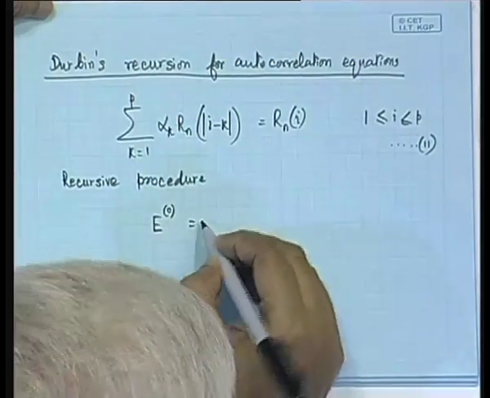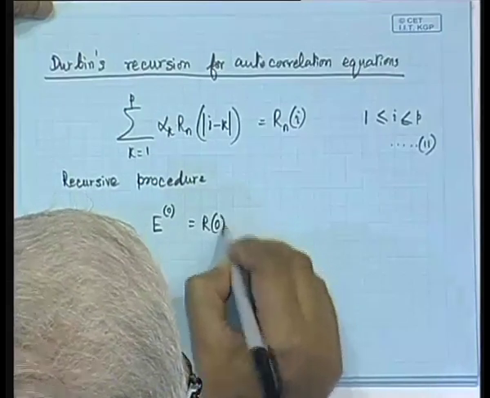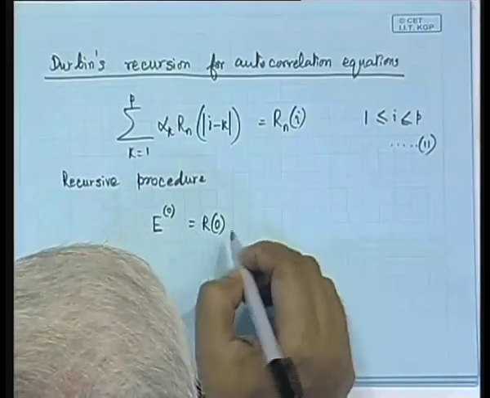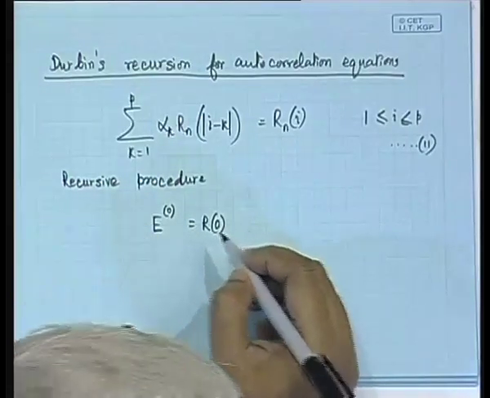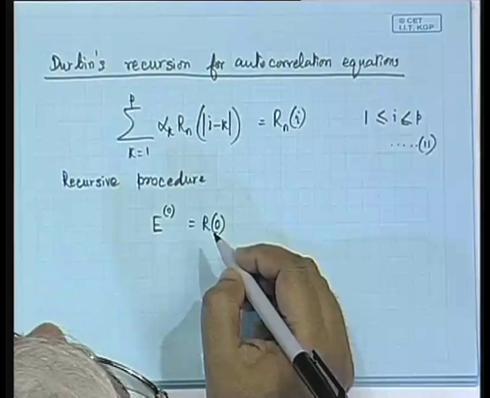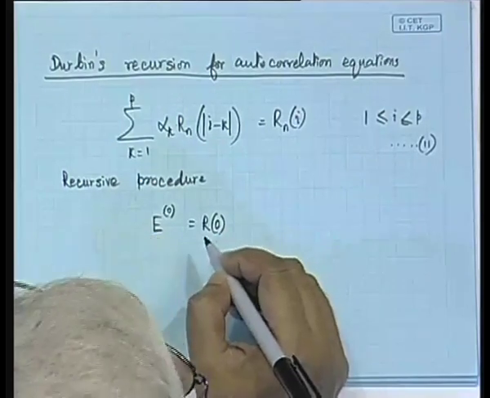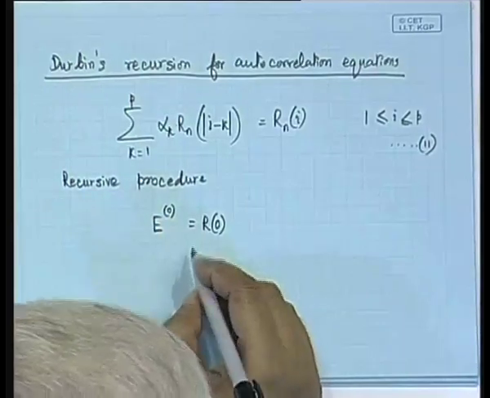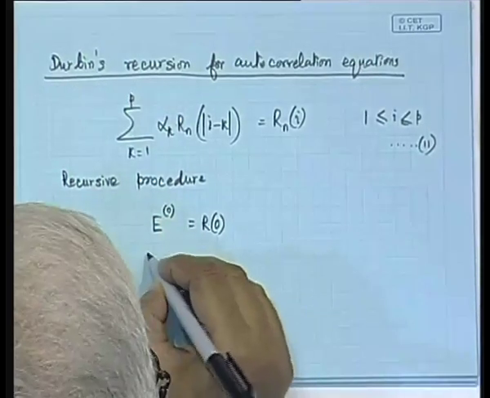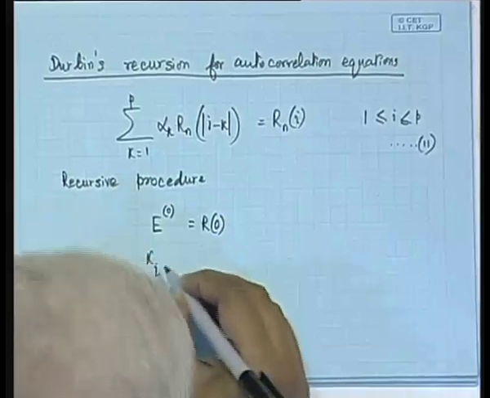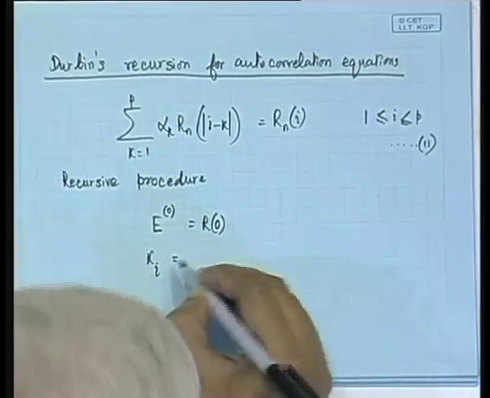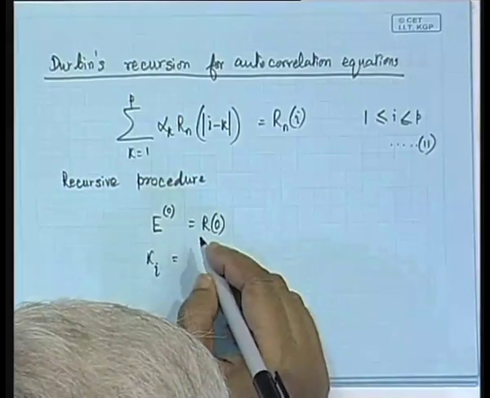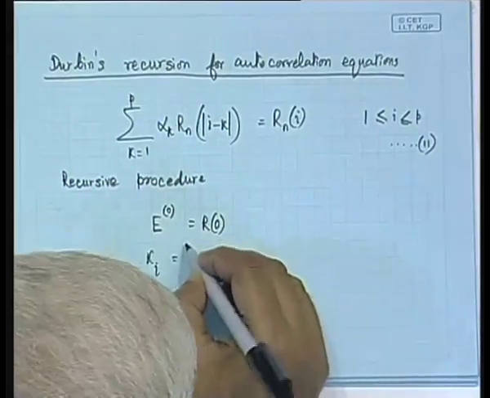So E0 is written as R0, the autocorrelation value at 0, which means this is the power expression. So E0 is R0, and then Ki is a quantity which we will be defining iteratively. Essentially you will be obtaining the Ki like this.